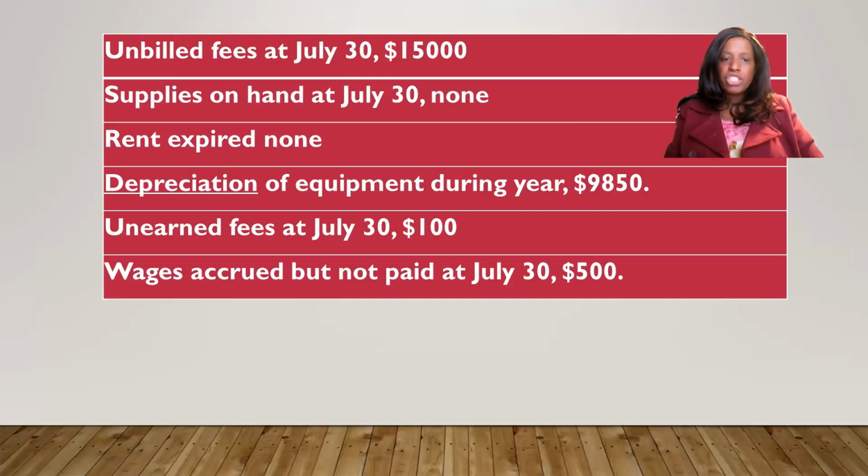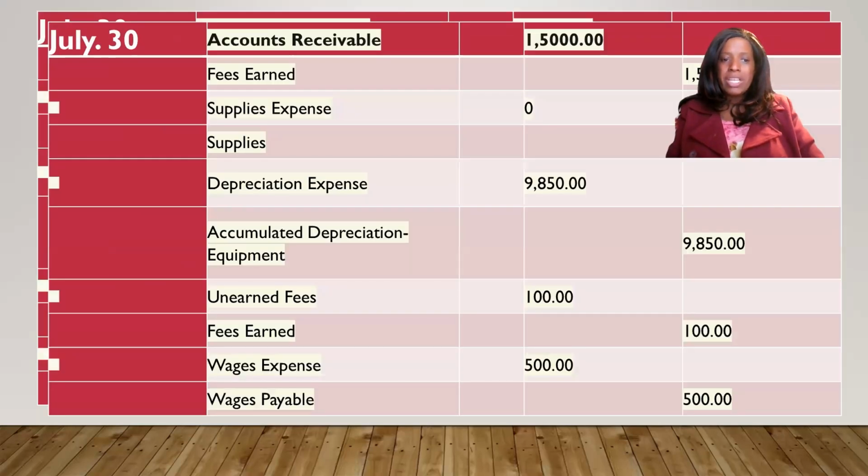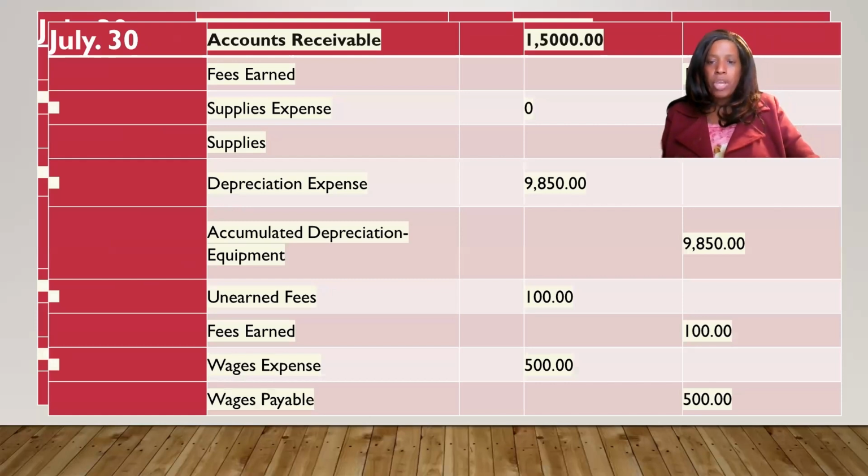How much do we have for wages payable? Wages accrued is $500. And how do we record the wages? We do wages expense as a debit for $500. And then we have wages payable for $500.